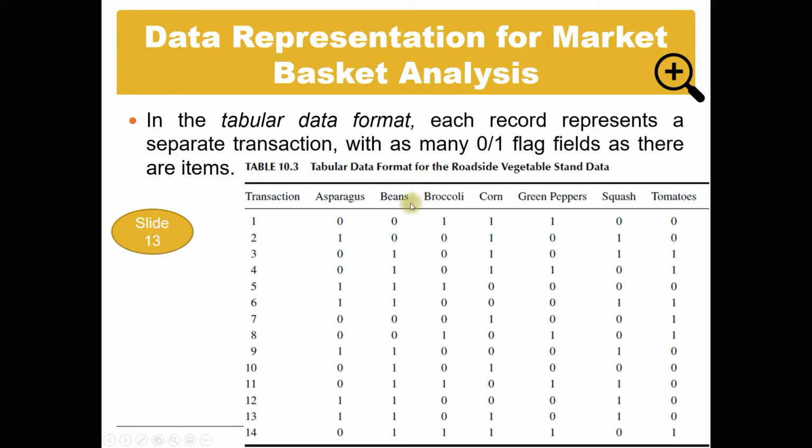So these are the two data formats that you can work with in basket analysis. Normally, we will take this format to work with because it's going to be far easier for us to understand what's going on in terms of the number of asparagus, beans, and so on sold. This is the data that we are going to use as an example in this lecture.